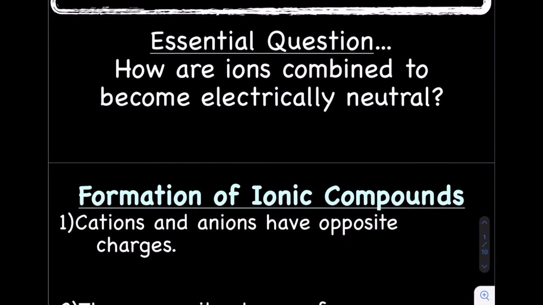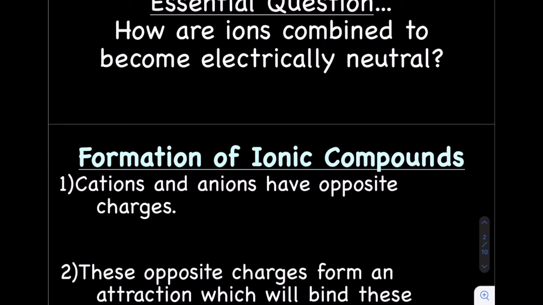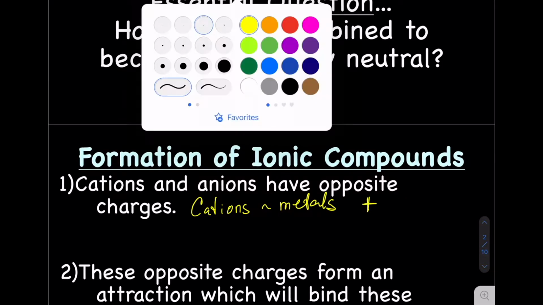Okay, so formation of ionic compounds. First of all, remember that cations and anions have opposite charges. Cations come from metals and are positively charged.